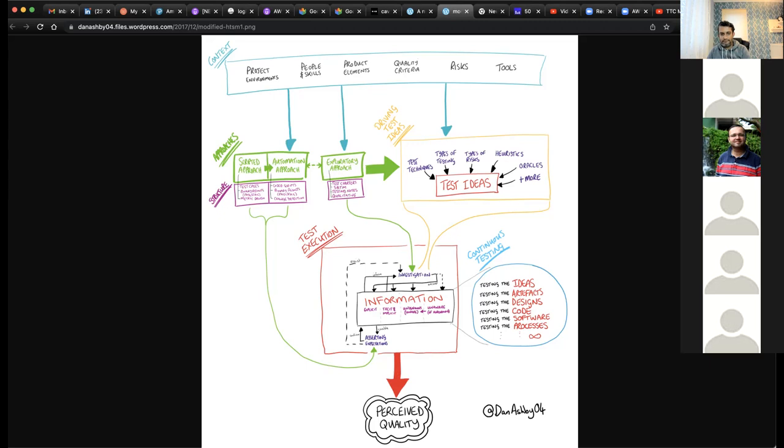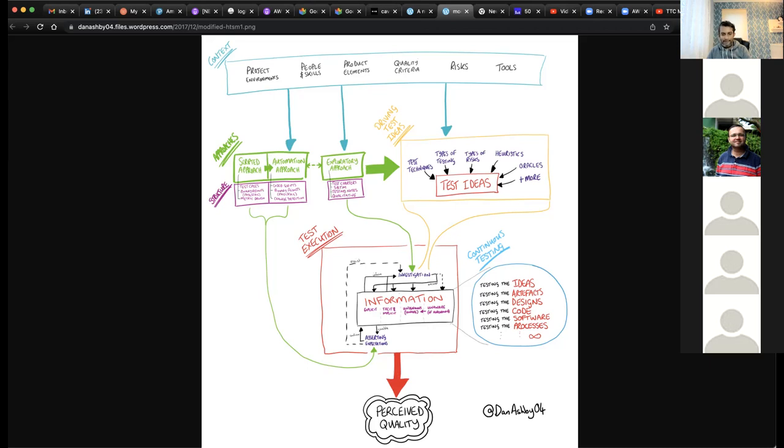In that context, the perceived quality would be very different from person to person, and based on the context and everything they use to derive it from their testing, the perceived quality might vary. So I'm presuming that this is what they might be hinting at.